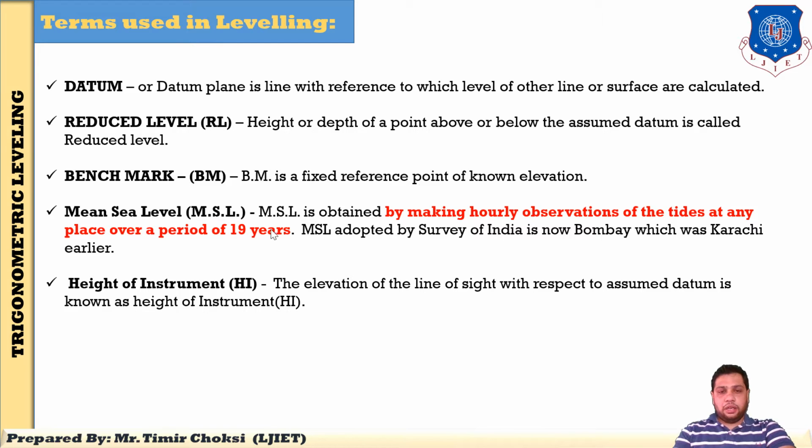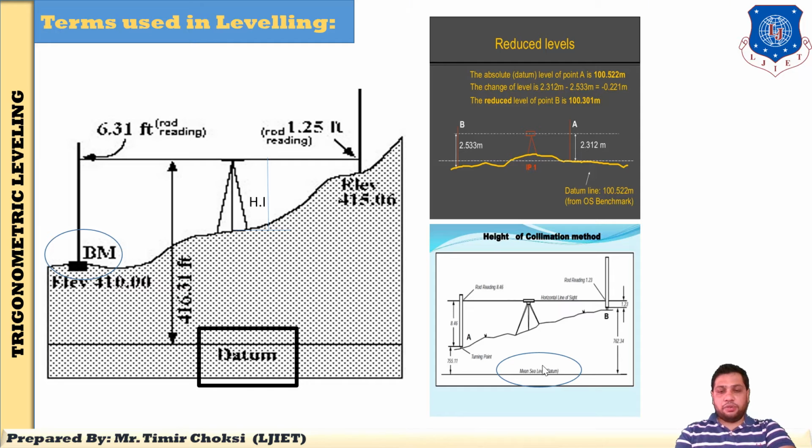Now mean sea level. Remember that MSL, mean sea level, is obtained by making hourly observation of the tides at any place over a period of 19 years. MSL adopted by the Survey of India is now Bombay, which was Karachi earlier. In a particular chapter, MSL is considered the datum point.